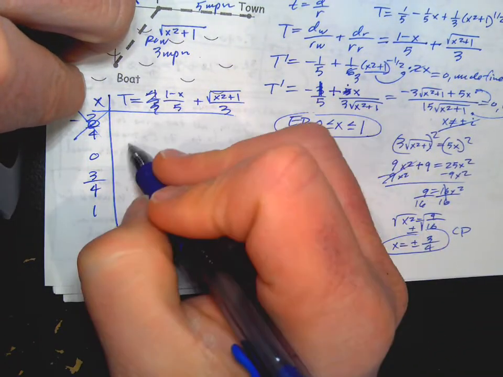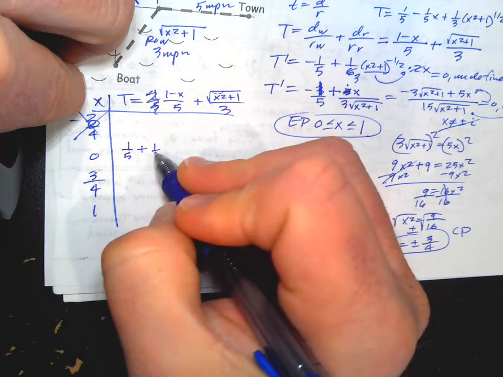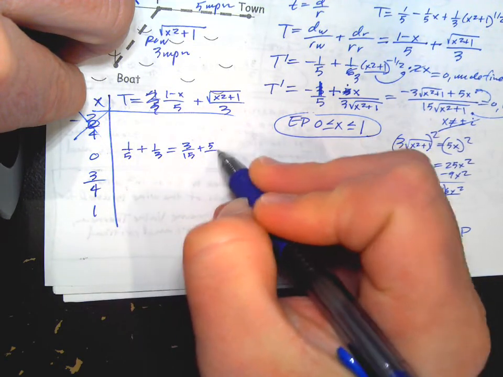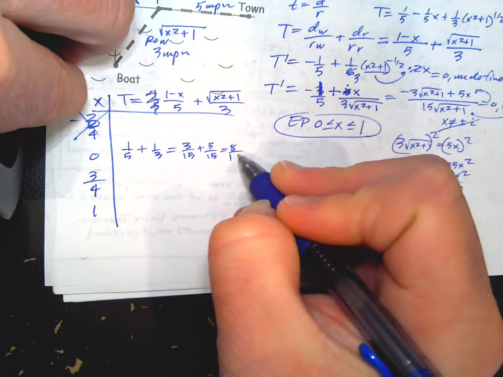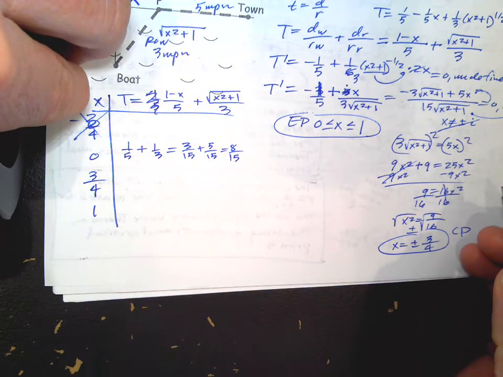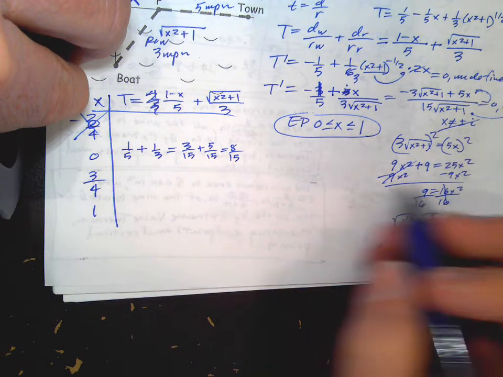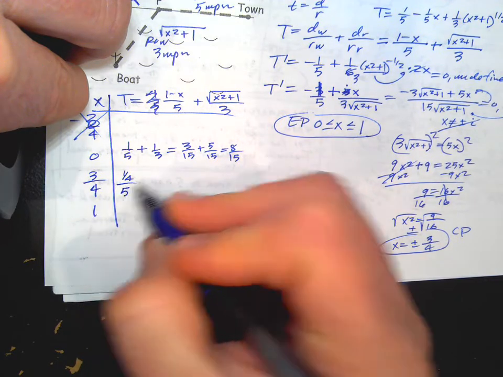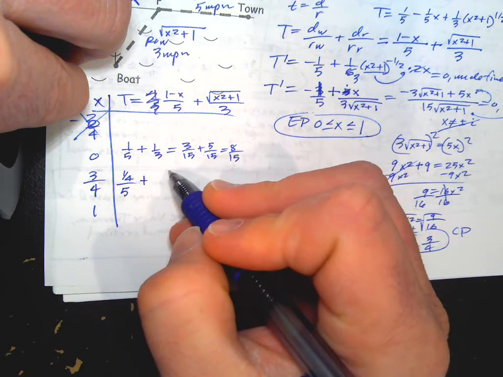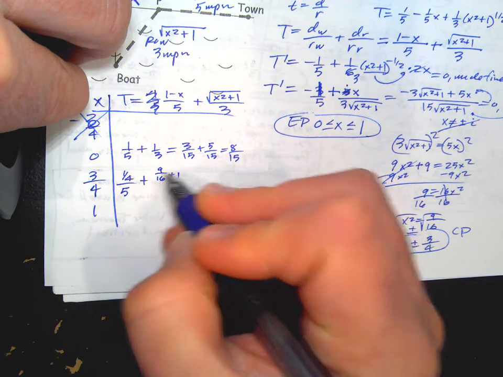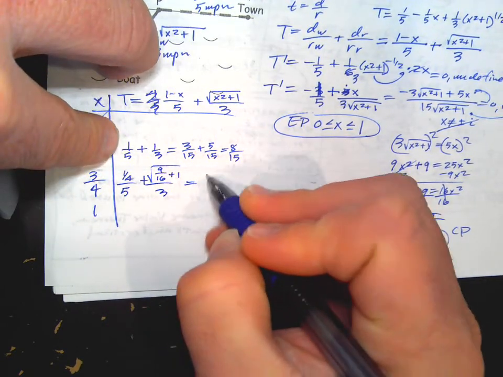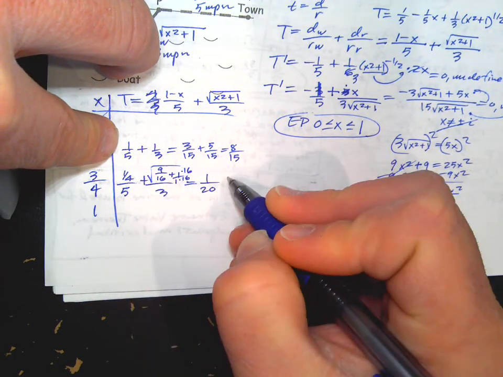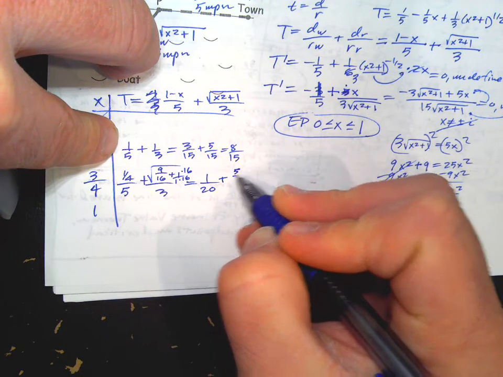If you plug 0 in, you get 1/5 plus 1/3. It's going to be 3/15 plus 5/15, which is 8/15. Okay, a little bigger than half. If you plug in 3/4, you're going to have 1/4 over 5 plus the square root of 9/16 plus 1 over 3. So it's going to be 1 over 20. These come down to be 25/16, which the square root of is 5/4.